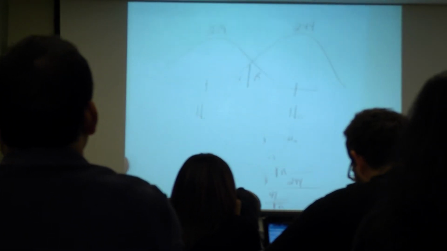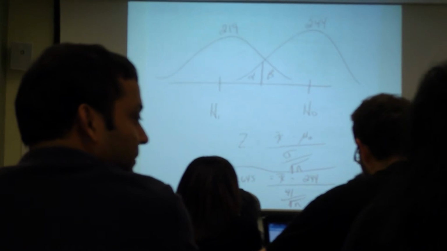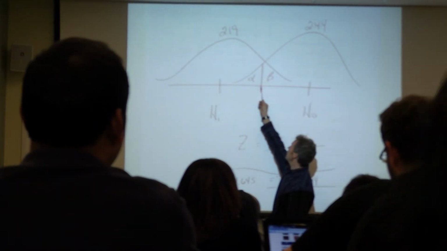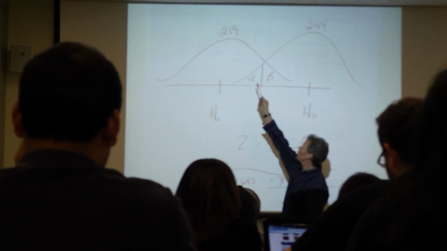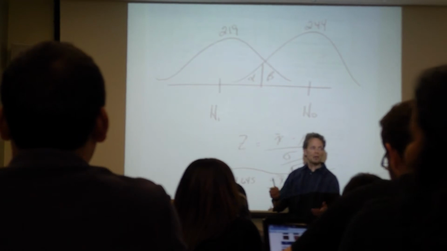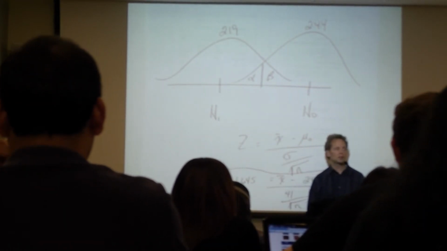So what I am trying to solve for is x bar. Once I have solved for this value of x bar, I can figure out, given that the alternative is 219, what value of z that corresponds to in this distribution, and then I can figure out the area to the right of that score.